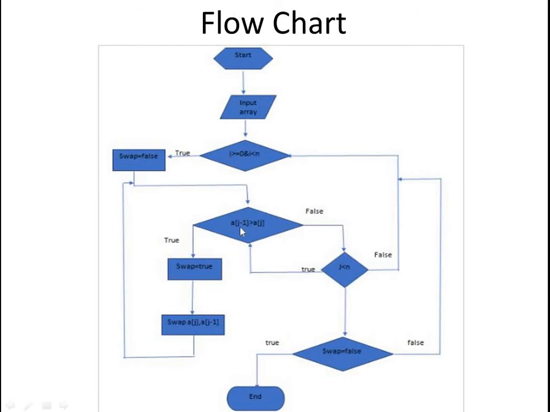It compares whether the first element is greater than the second element; if so, swap is set as true. That means we need to do some swapping here. So the swap operation is done here, that is, swap a of j and a of j minus 1.